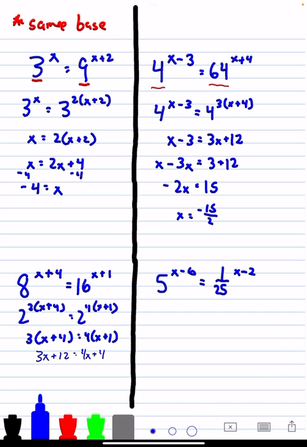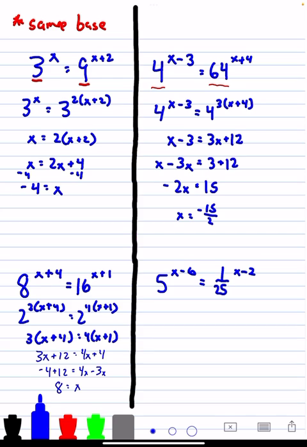Okay, now I'm going to get my x's on one side of the equation and my numbers on one side of the equation. I'm going to move my positive 4 to the left, and I'm going to move this positive 3x to the right and make it negative. Negative 4 plus 12 is 8. 4x minus 3x is 1x. You can go through the steps right here.